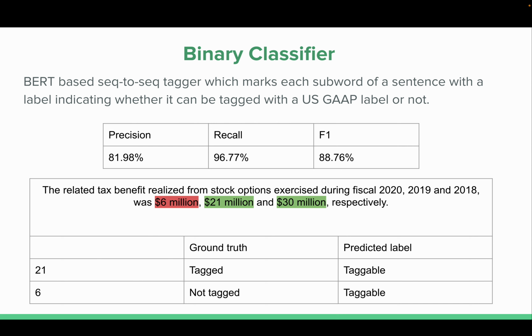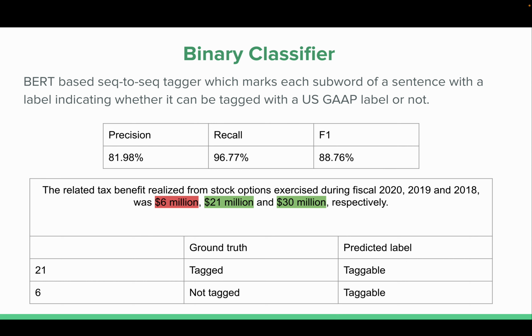For the binary classifier method, we used a BART based sequence to sequence tagger framework, which marks each subword of a sentence with a label indicating whether it can be tagged with a particular XBRL label or not. And we got an 88% F1. For example, in this sentence related to tax benefit, there were three numericals: $6 million, $20 million, $30 million.